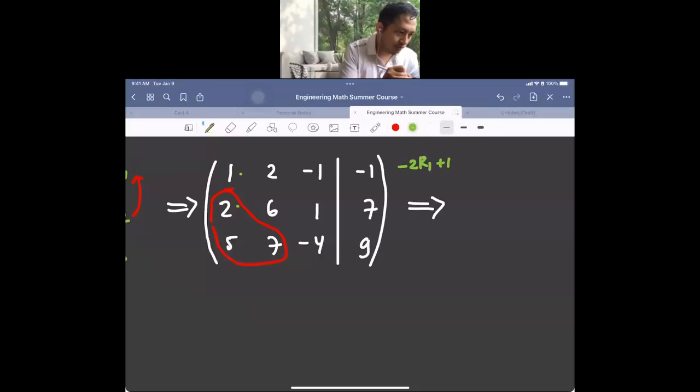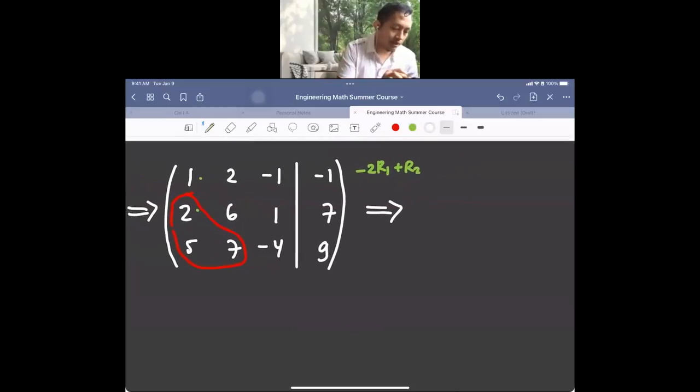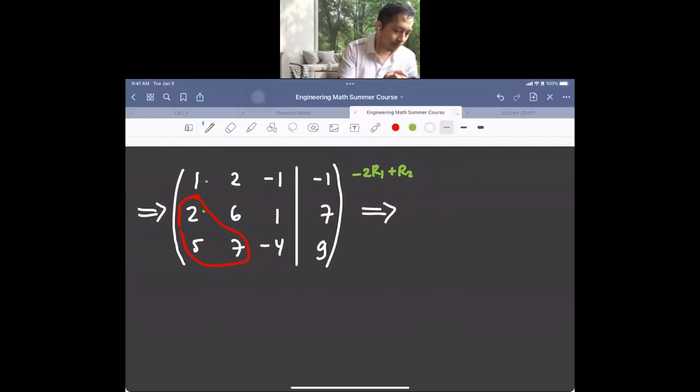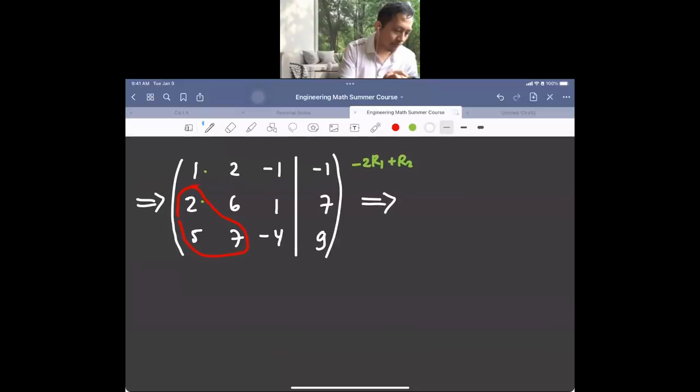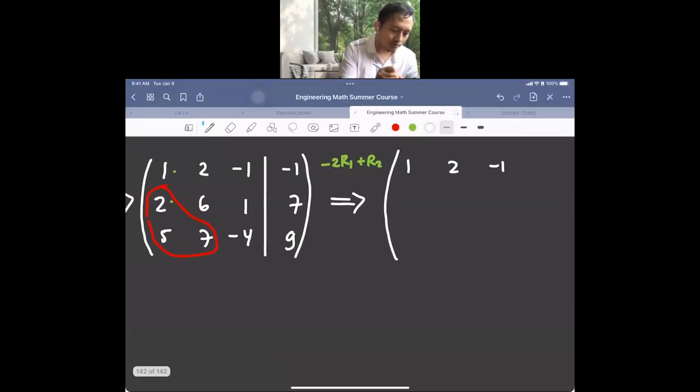We can take -2r1 plus r2, or r2 minus 2r1, same thing. I will just write the first row the same.